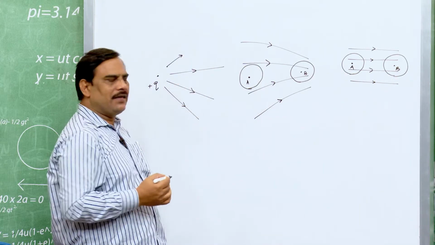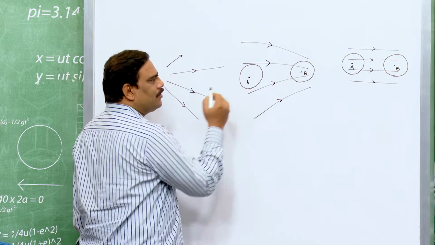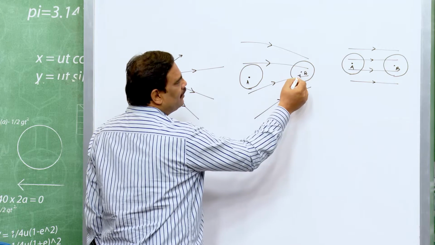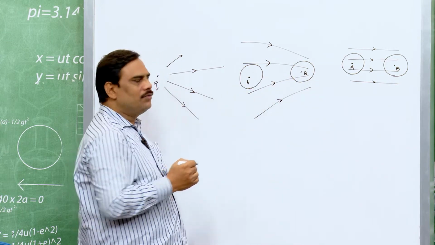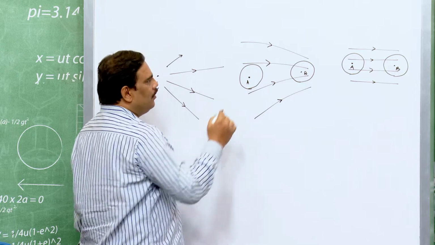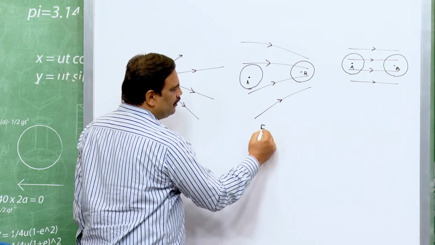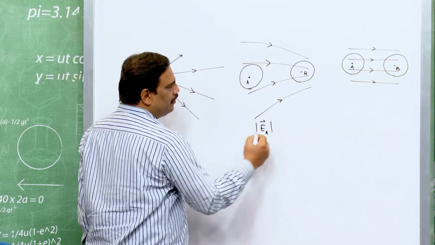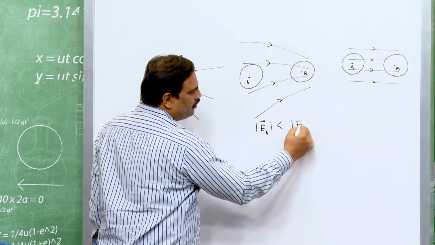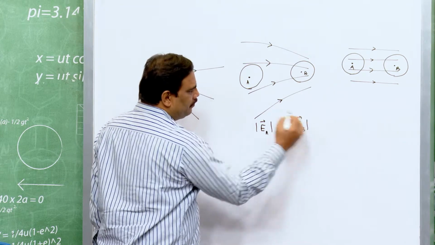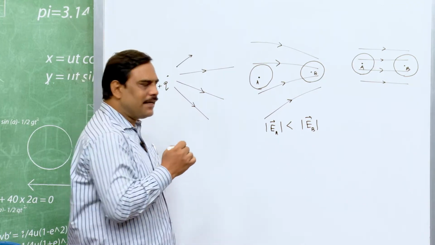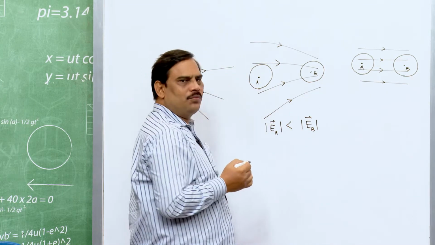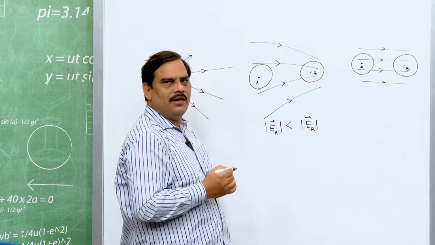what do I see? I see there are no lines of force passing through the area around A, but there are two lines of force passing through the area around B. So, in this case we can write that the magnitude of electric field at A is smaller than the magnitude of electric field at B. But in the second figure, the number of lines of force passing through both the areas encircling A and B are the same.